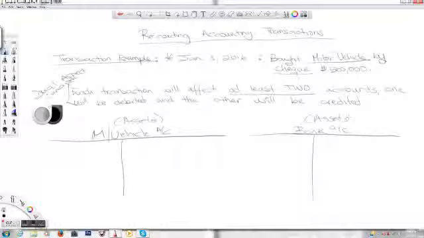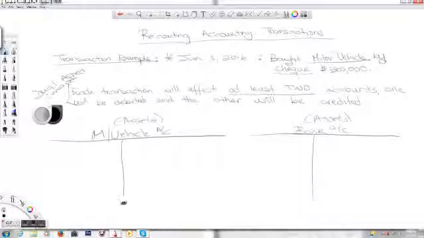Now, the double entry rule for assets says, to increase it, you debit, and to decrease it, you credit. Now let's focus on the motor vehicle. When we buy a motor vehicle, whether we buy it by check or by cash, are we increasing the number of motor vehicles that this company will have? Yes, we're increasing it.